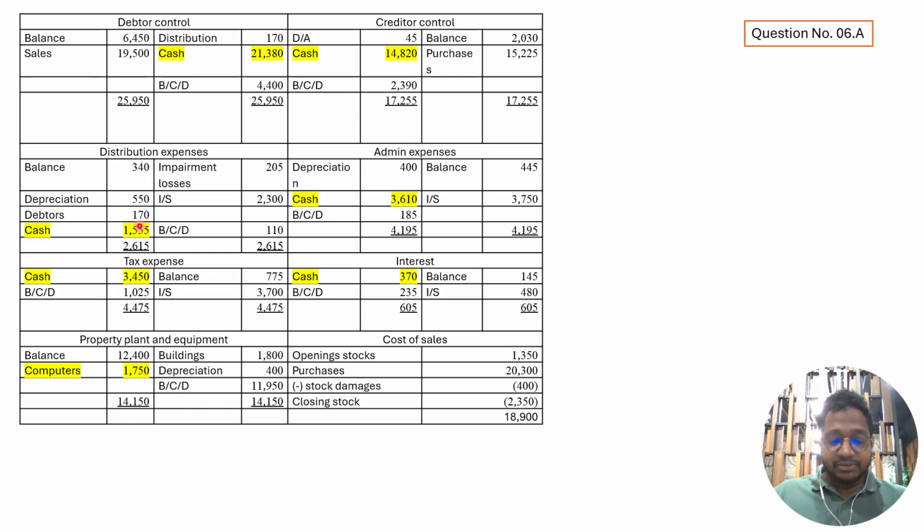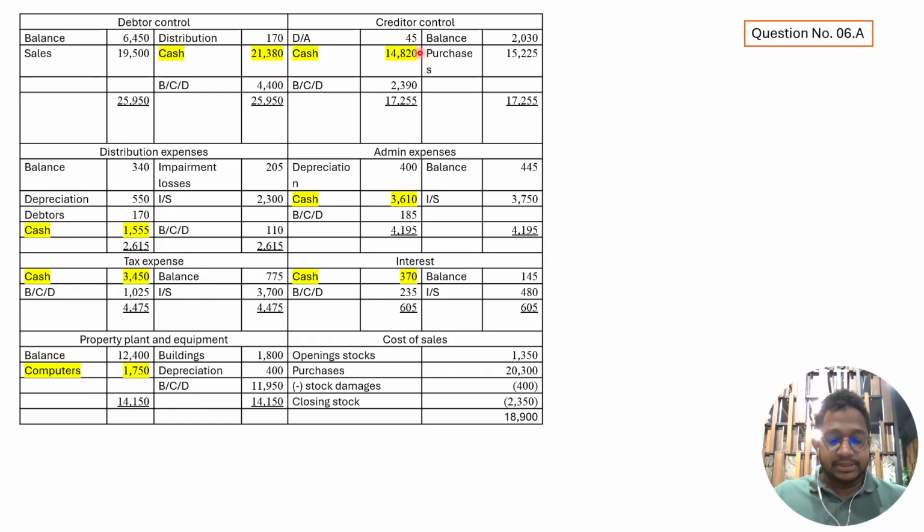And other income includes 45,000 discount received, and that is important when you're finding out the creditor payments. So in the creditor control account, that discount received you should write down here, right? And the sales commission income also you should add as cash inflow under operating activities, and nothing to do with rental income in direct method.